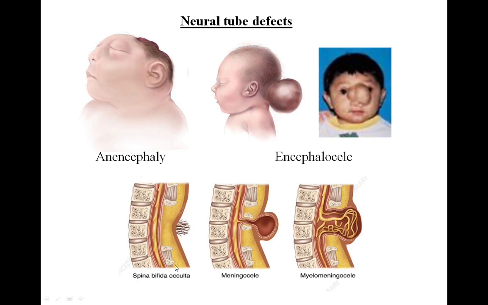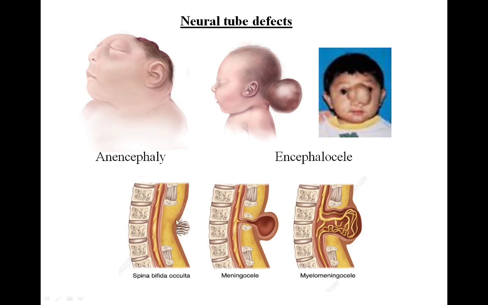The defect may be there, and the bones may not be formed. In most mild cases, nothing will occur. There is a defect, but nothing has come out. Neither the meninges nor the spinal cord comes out through that defect, and in that case there may not be any symptom.